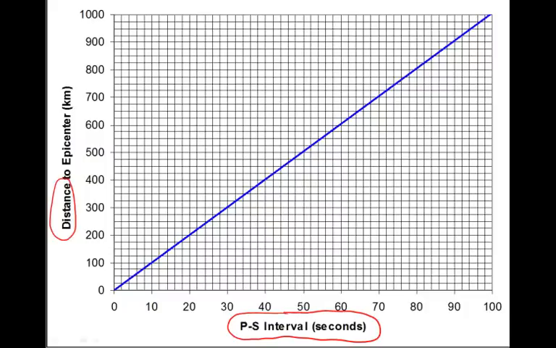The y-axis is the distance to the epicenter that corresponds to that difference in arrival times. For example, if you find that the P and S waves start about 60 seconds apart, 60 seconds corresponds to a distance of about 600 kilometers for that station from the earthquake epicenter.